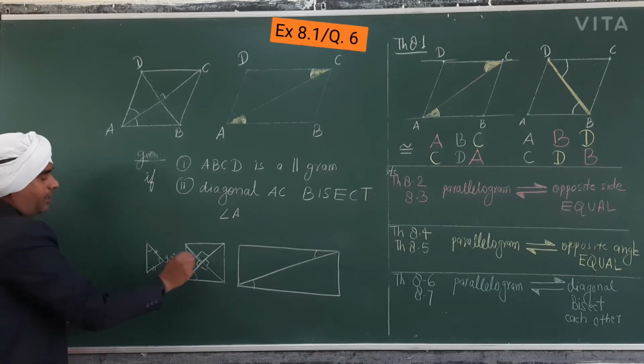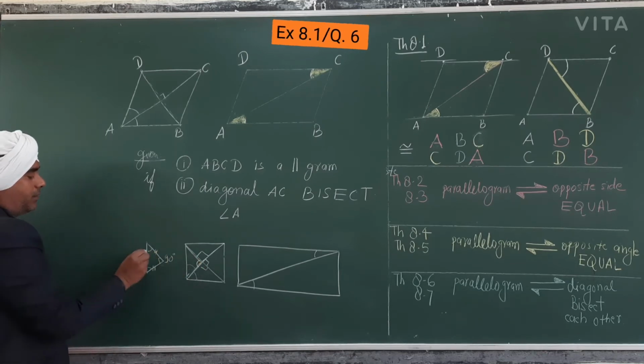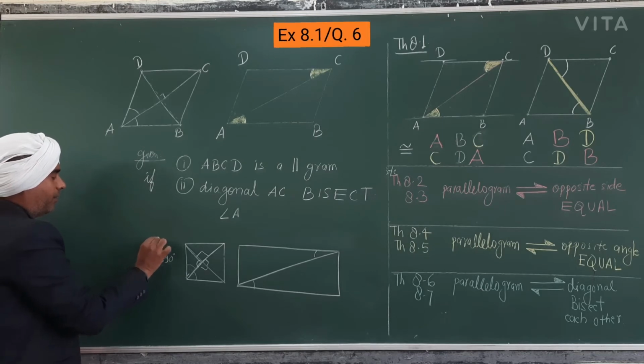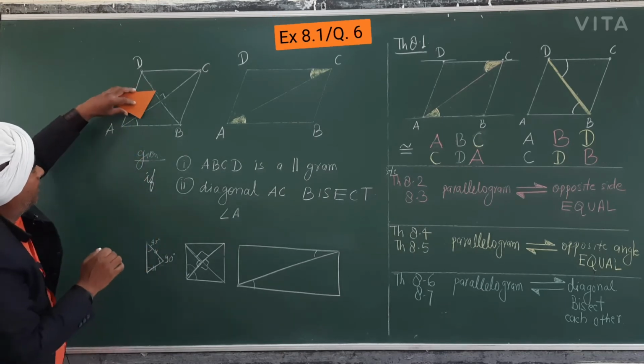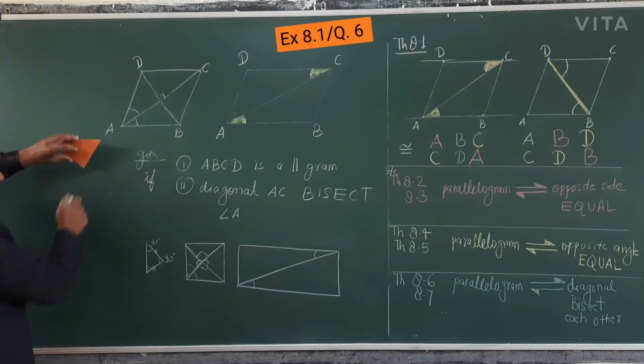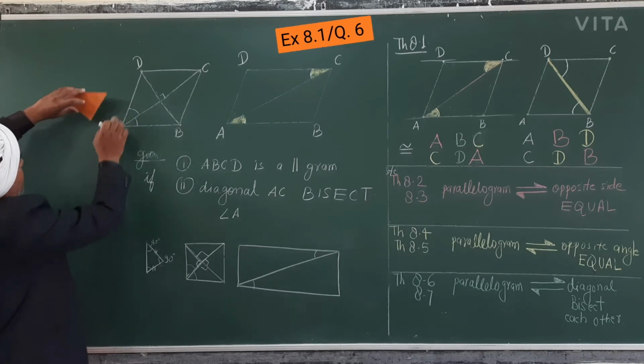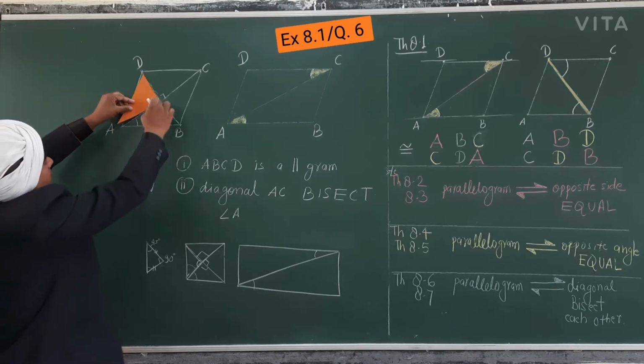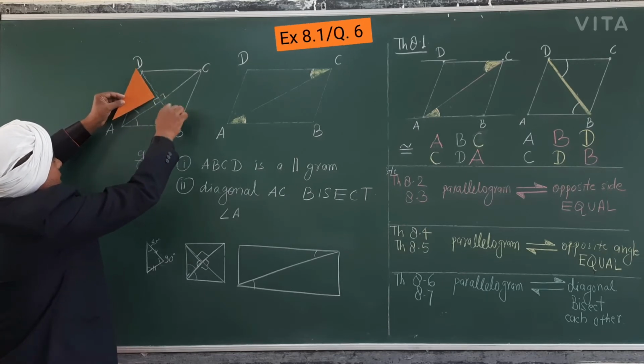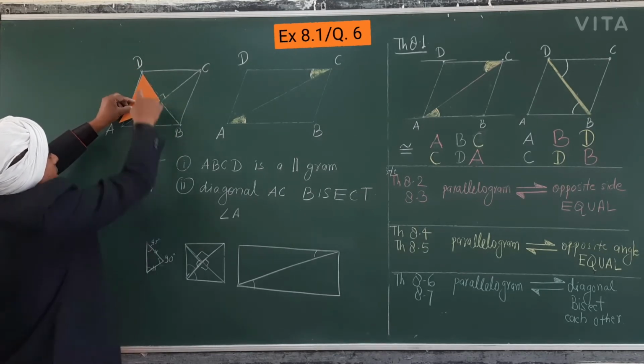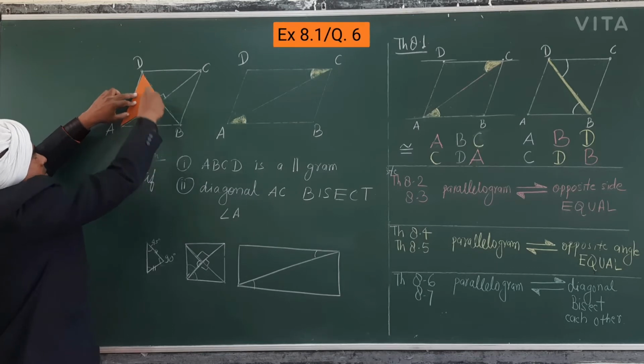This is 90 degree, and this was the 45. But here the fourth parts are like that, which means this is 90 degree, this is 90 degree, this is 90. But this is not equal to this because the diagonals are not equal.